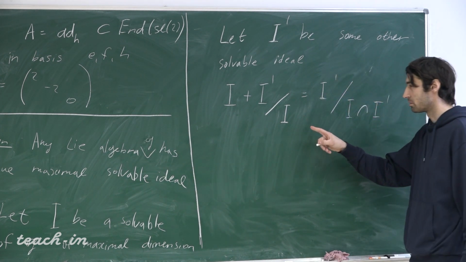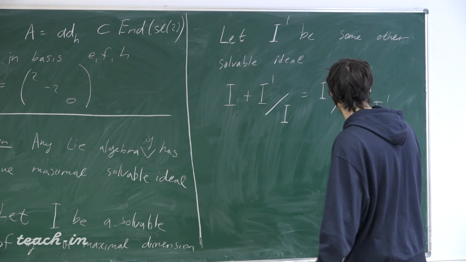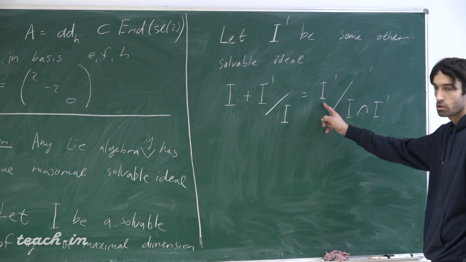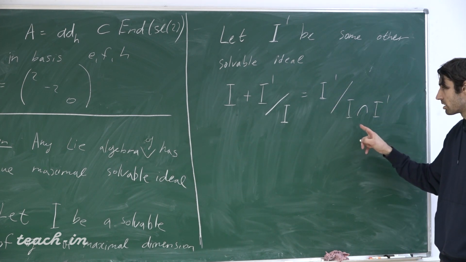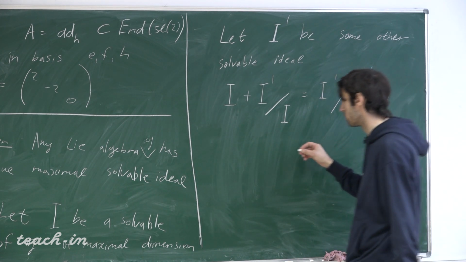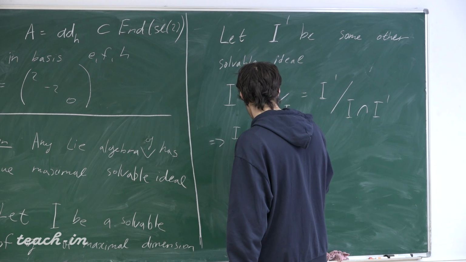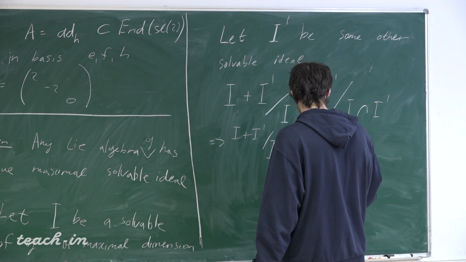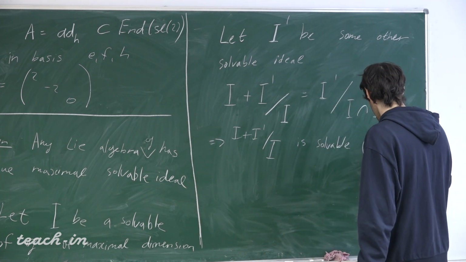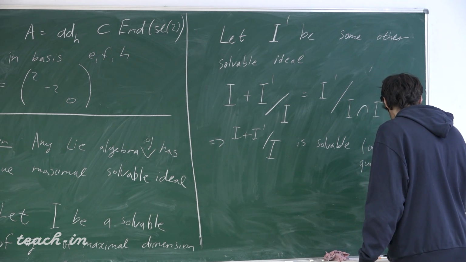And this is called, I don't know, a second isomorphism theorem or something, right? In your abstract algebra class. Anyways, so I prime is solvable. This is a quotient of a solvable ideal, which is also solvable, right? So therefore I plus I prime, quotient by I, is solvable, as a quotient of a solvable ideal.